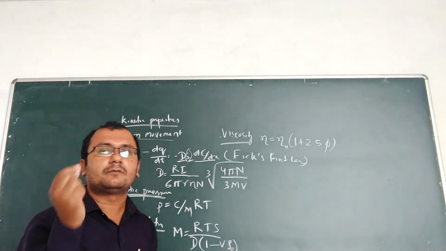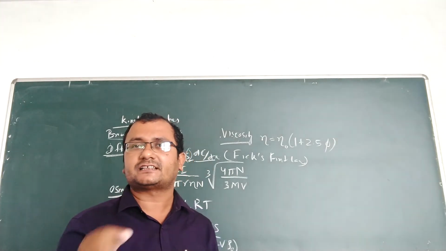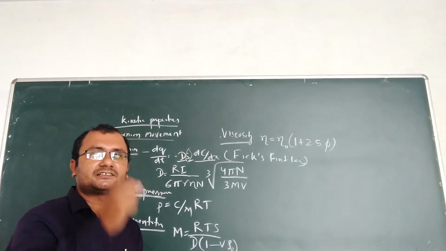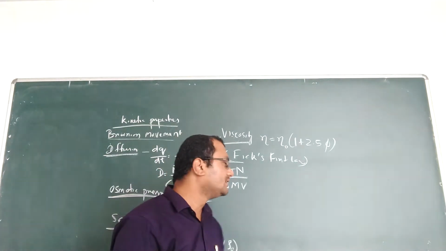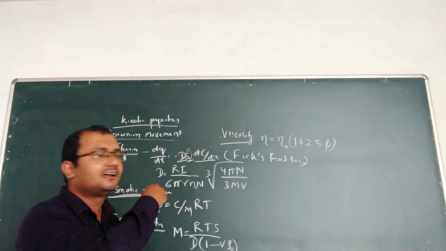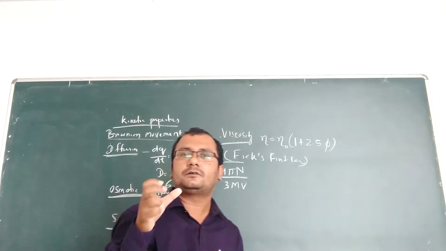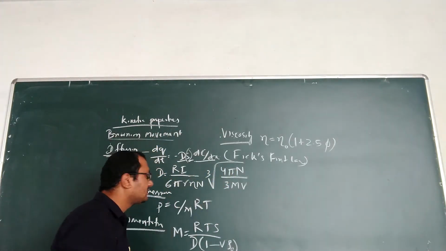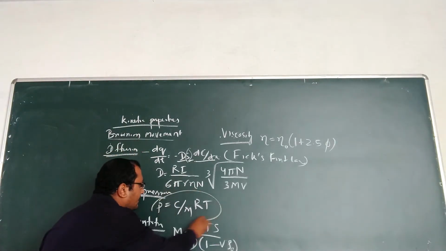That means the solvent will move from higher to lower concentration. So this is the reverse process of diffusion, and the pressure created to make this osmosis process is known as osmotic pressure. This we can calculate by taking this equation.